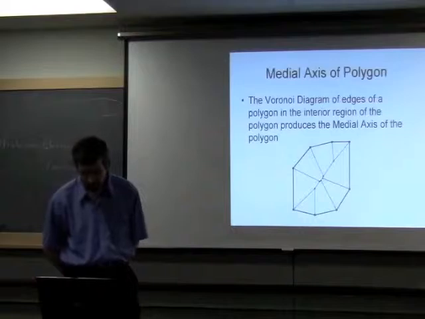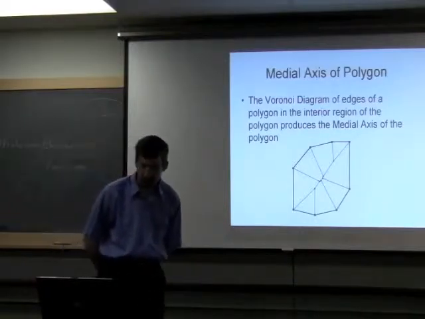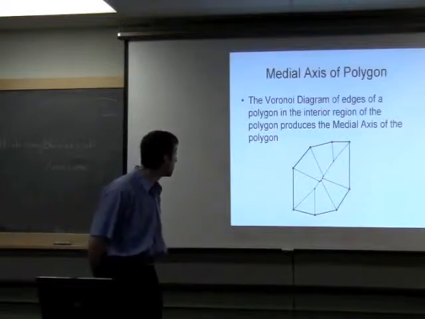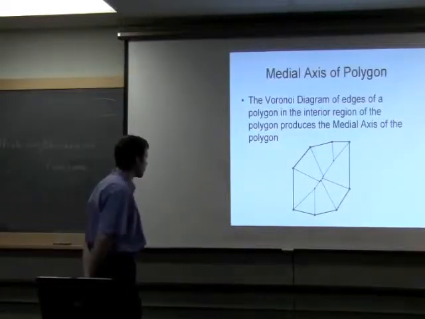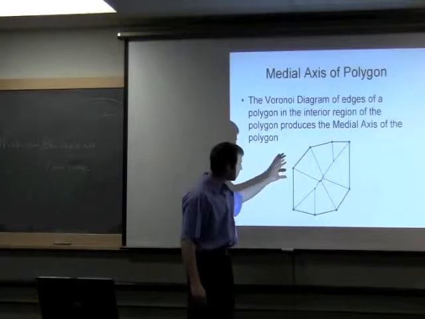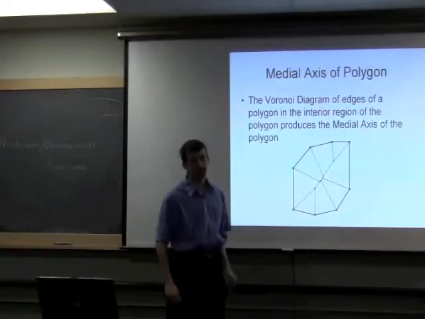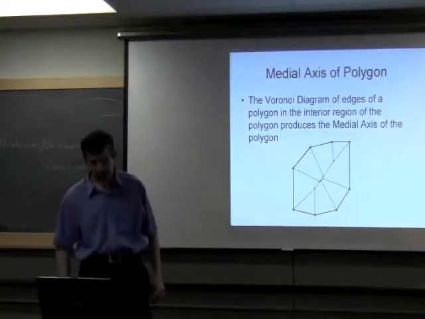And another related problem is the medial axis of a polygon, distinct from straight skeleton, which is actually unrelated. The medial axis of the polygon is essentially just the Voronoi diagram of the line segments of the polygon restricted to the interior of the polygon.